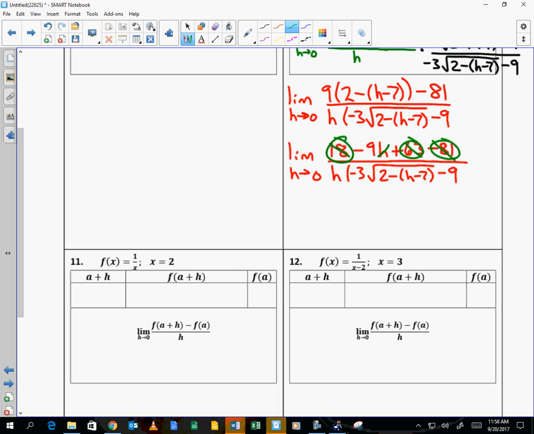And then the h divides off. So the negative 9 does not divide off. The limit as h goes to 0 of, we got negative 9 on top. On the bottom, we got negative 3 root of 2 minus h minus 7 minus 9.